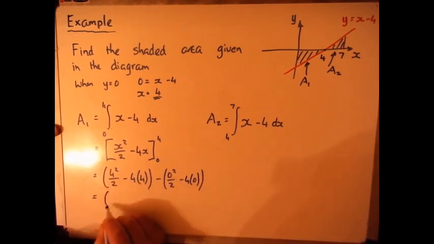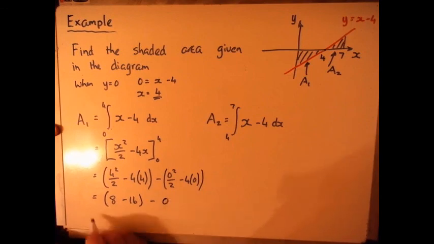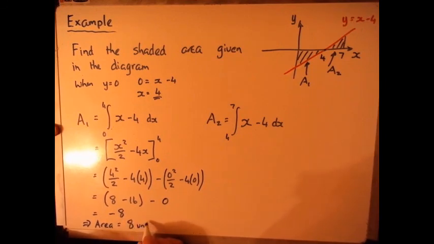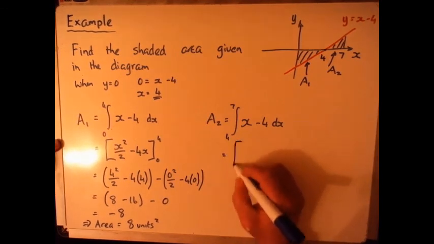This first term gives me 8 minus 16, and I'm going to take away from that, quick check, this does make 0 here, so I get an answer of negative 8, but we know that for the area that's going to be 8 units squared. So that's what that represents there. So I evaluate my definite integral, got a negative answer because it lies under the x-axis, can change it to positive for the area. So we'll now go over here, we'll do this one.